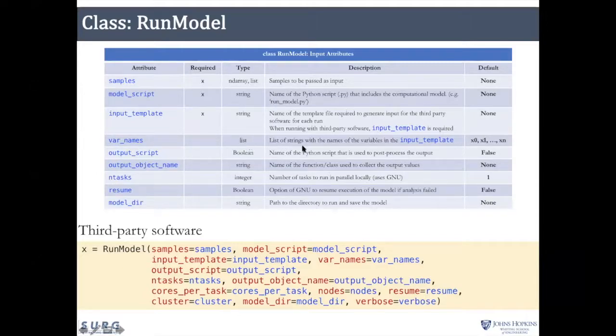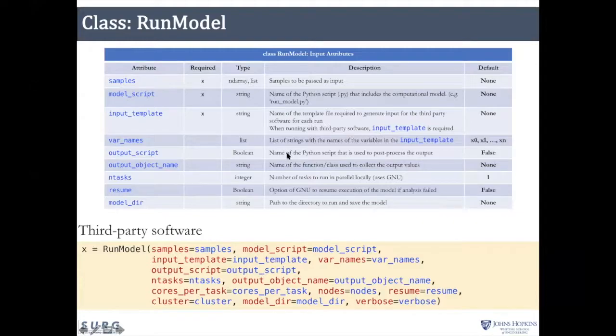Variable names is a list of strings which contains the names of the template variables which are located inside the input template. By default, UQpy creates variable names of x0 to xn if a list of strings containing the variable names is not passed as an input.